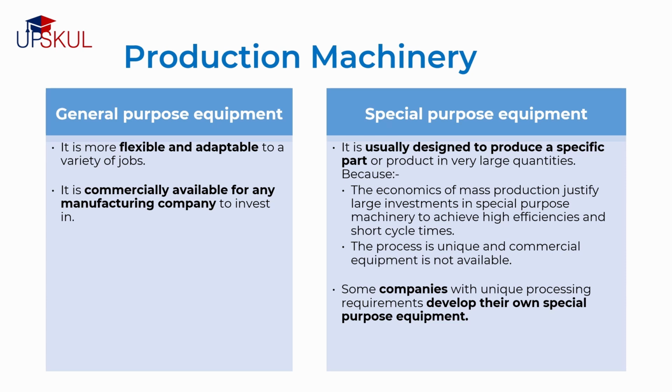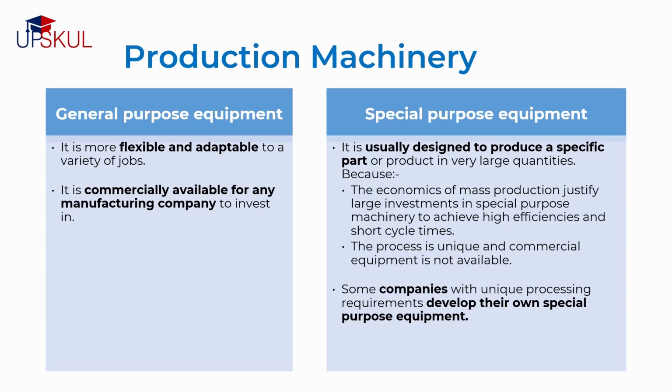The economics of mass production justify large investments in special purpose machinery to achieve high efficiency and short cycle times. This is not the only reason for special purpose equipment, but it is a dominant one. Another reason may be that the process is unique and commercial equipment is not available. Some companies with unique processing requirements develop their own special purpose equipment.